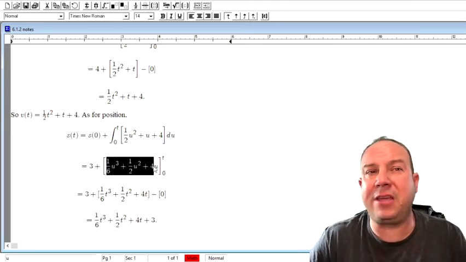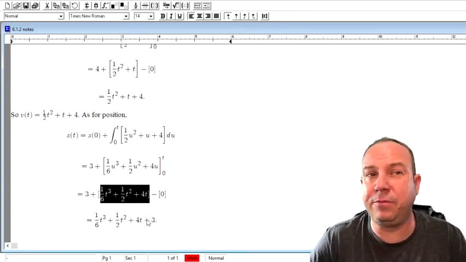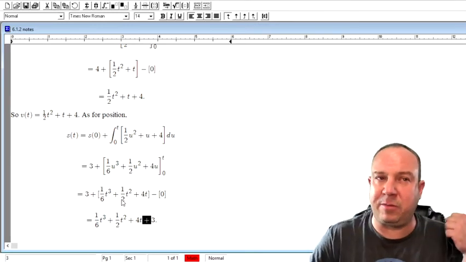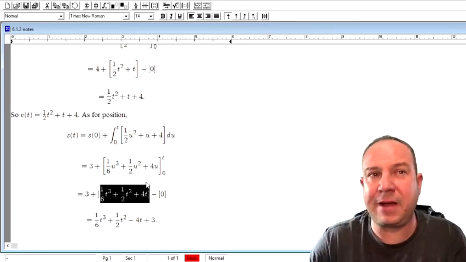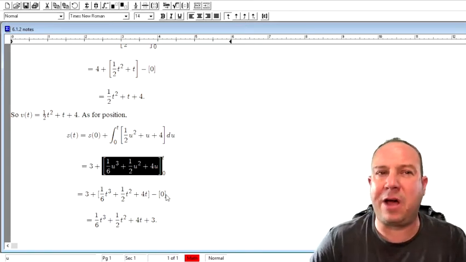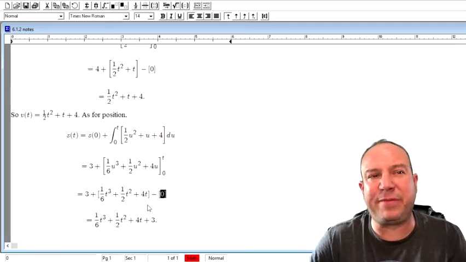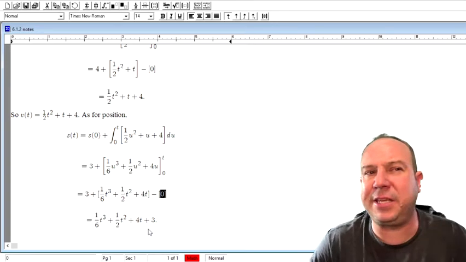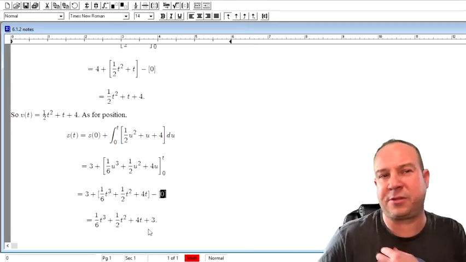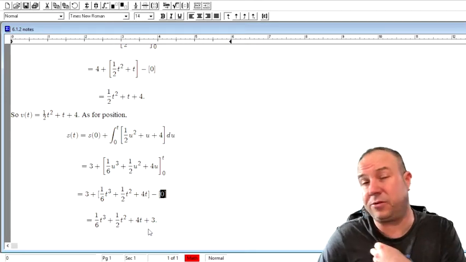And if we now evaluate that antiderivative across these bounds, at t, we just plug in t for all the values of u, kicking out that dummy variable and replacing it with t. And then substituting in 0, because of the polynomial form here, that will all zero out. And we'll be left with just the value of 0 there. So simplifying this in a nice descending order, we get the polynomial 1/6 t cubed plus 1/2 t squared plus 4t plus 3. That's our description of position in this case, folks.